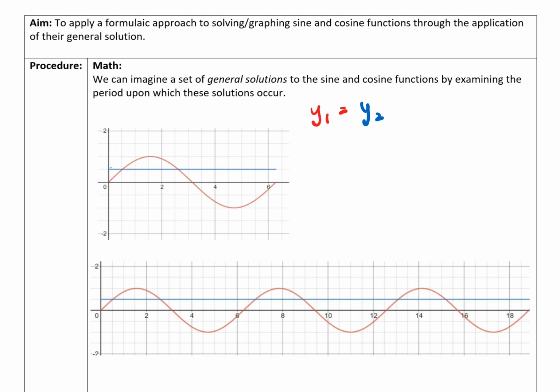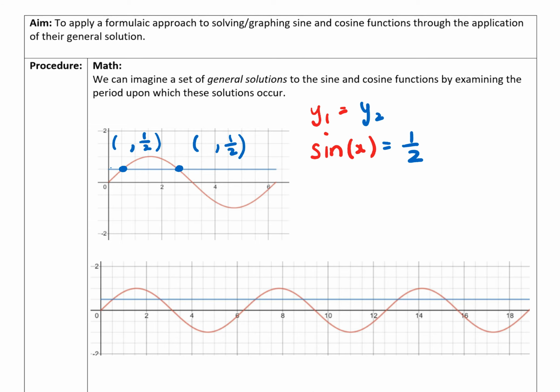So y1 we said was sine x, and y2 was y equals 1/2. And so you can see here that we can imagine equations as one graph equaling the other and finding the point of intersection. Now what we notice is that we've got a point of intersection here and a point of intersection there. I know that the y value is going to be 1/2.